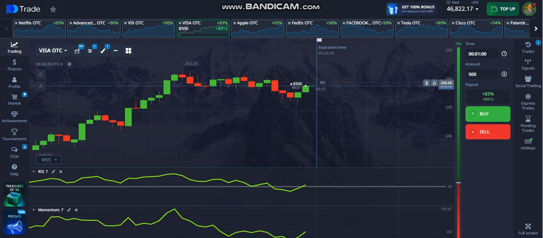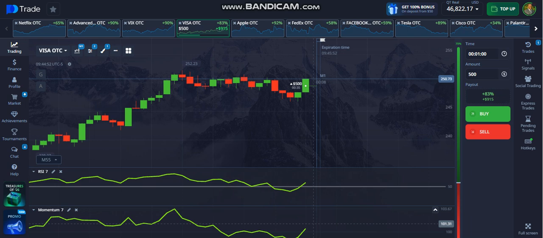Okay, so I'm on Visa and I just took a buy trade. The reason why I took the buy trade here is if you notice the RSI indicator just crossed over the 50 line here. In addition to that, the momentum indicator is showing an upward sloping line here.